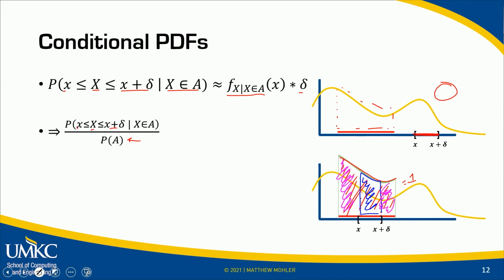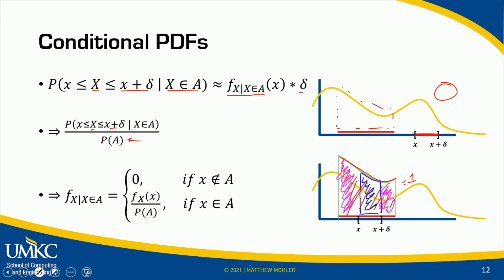We can summarize this and turn it into an equation, just these two fundamental principles, and say that the probability density function of a random variable x, given that x is an element of the event A, is just equal to 0 if x is not an element of A. That's this top graph here, where we said, if there's no overlap, then they don't give us anything.